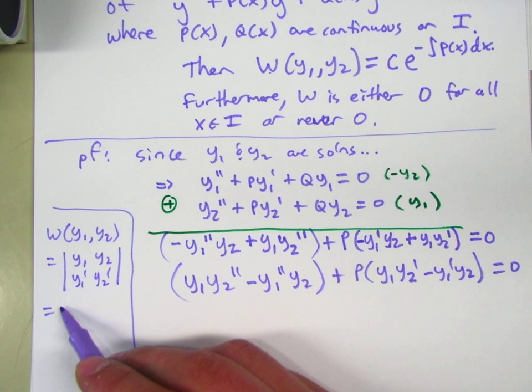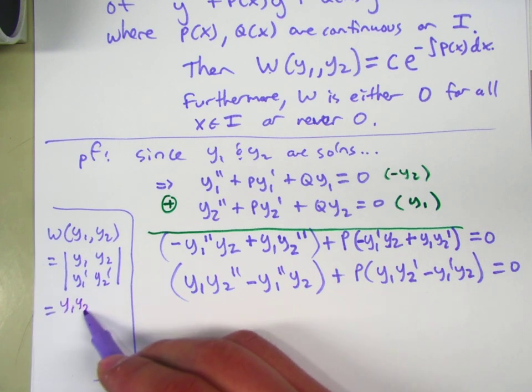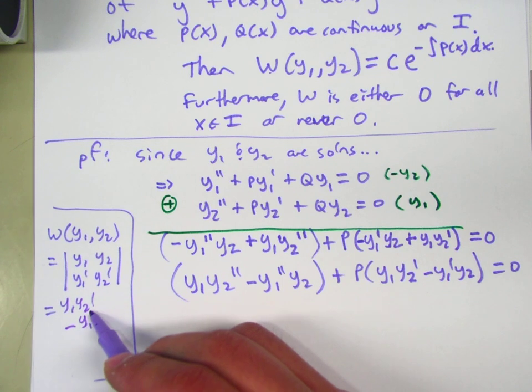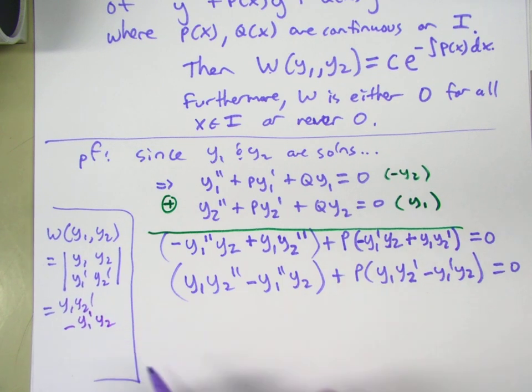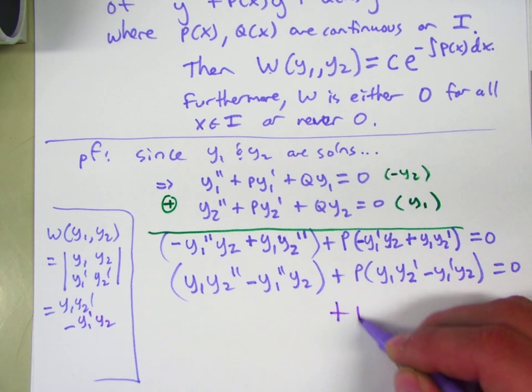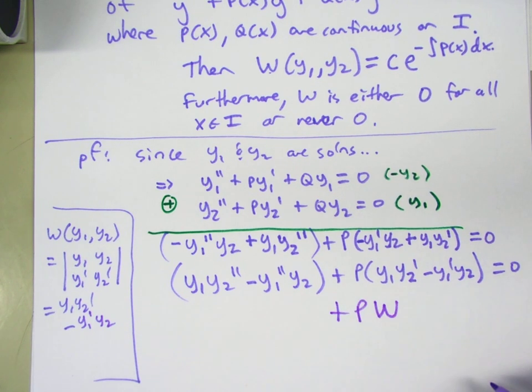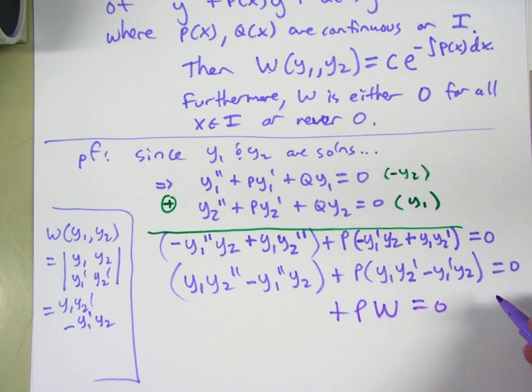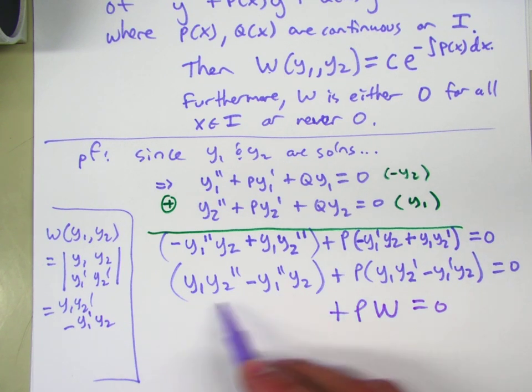So y1 y2 prime minus y1 prime y2. Where do you see that in here? So this is just the Wronskian over here. Make sense? Okay. Any guesses as to what this is going to be?